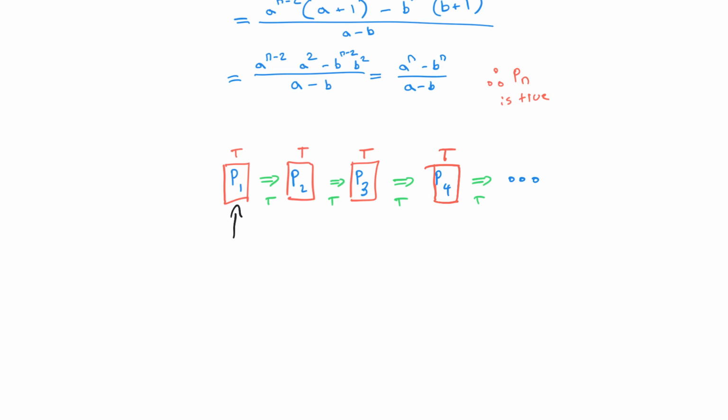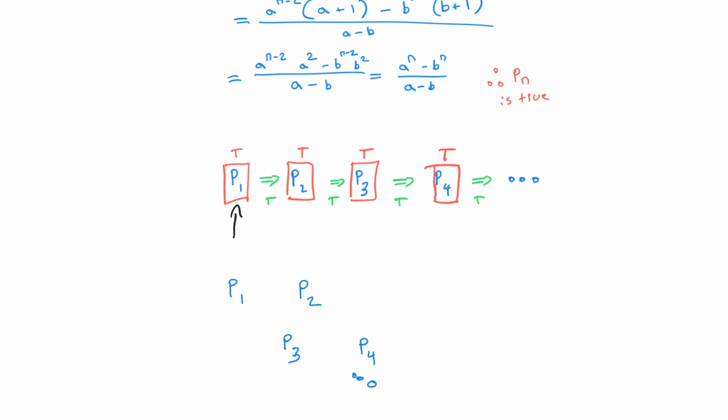Let's get a feel for what we just did in this strong induction. So again, there's all these statements like P sub 1, P sub 2, P sub 3, P sub 4, and so on and so on. Now this time in the inductive step, we did it a little bit different.